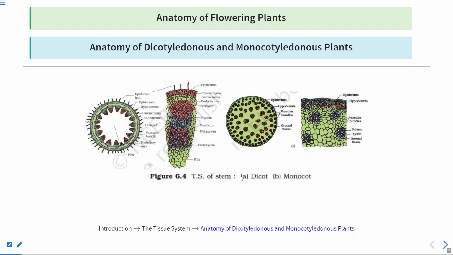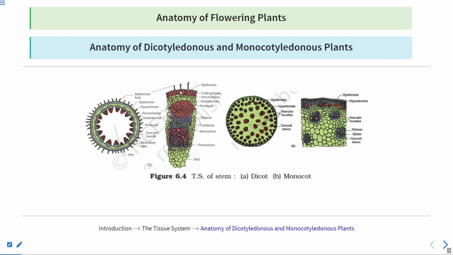So here you can see the dicot and monocot stem. This is the diagrammatic as well as the cellular structure. If you see the diagrammatic structure, you can see the epidermis layer, and the outer epidermis layer has some epidermal hair also. In the cellular structure, you can see the epidermis with some epidermal hairs.